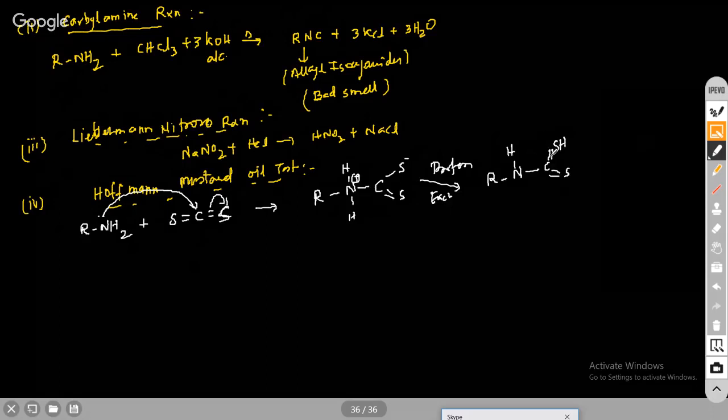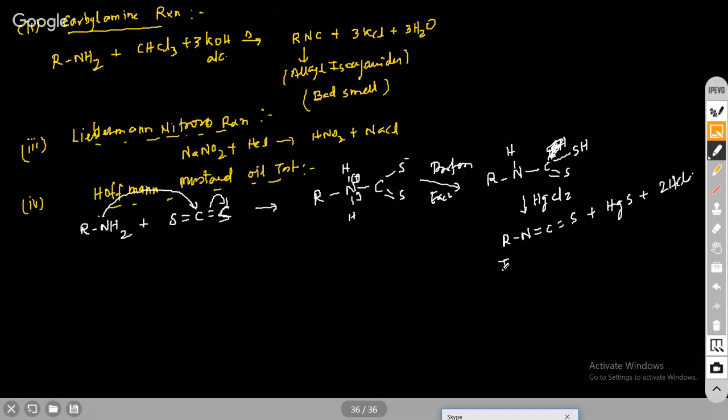We should not have a double bond here. This is a single bond only, SH. Fine now. When this bond pair goes here, that neutralizes the positive charge. The final step will allow this to react with HgCl2, and the product we get here is RN double bond C double bond S plus HgS plus 2HCl.